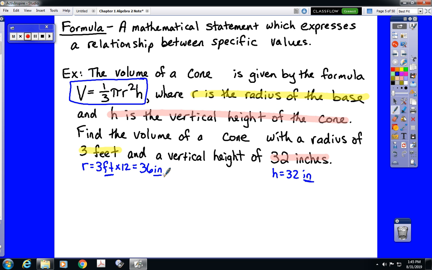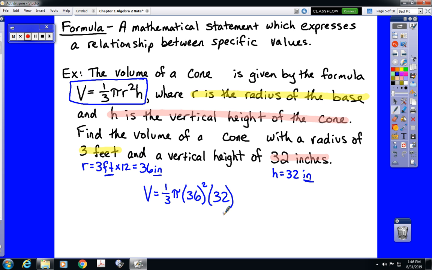Our next step here will be to break out our formula. Volume equals 1/3 times pi, which is a number, 3.14159, etc., times the radius, which is 36 squared, times the height, which is 32. Now, from there, this is order of operations.